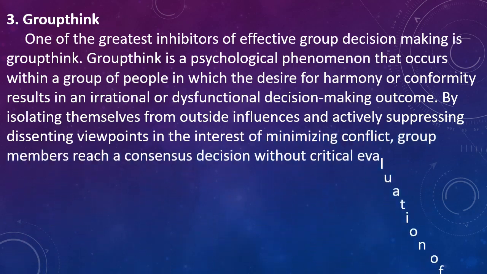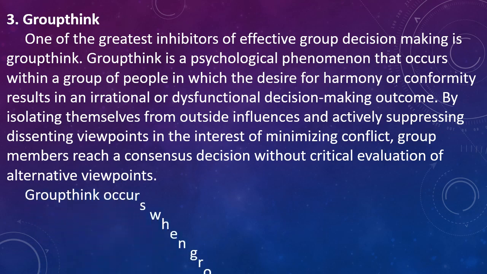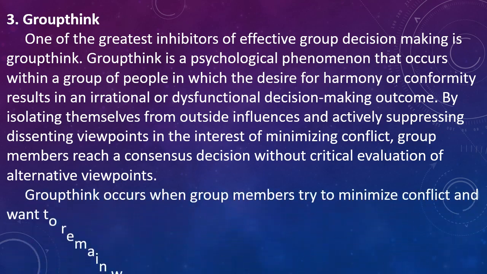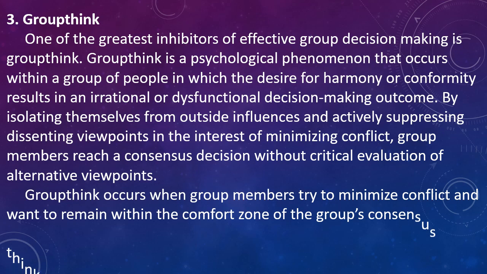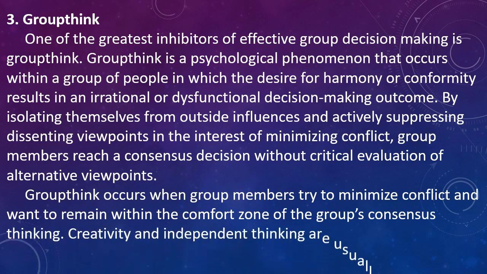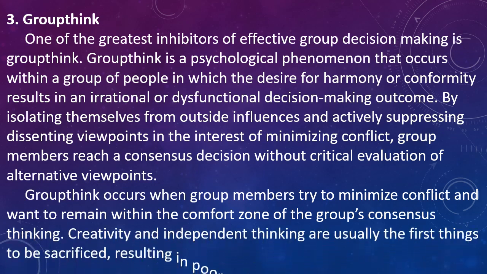By isolating themselves from outside influences and actively suppressing dissenting viewpoints in the interest of minimizing conflict, group members reach a consensus decision without critical evaluation of alternative viewpoints. Groupthink occurs when group members try to minimize conflict and want to remain within the comfort zone of the group's consensus thinking. Creativity and independent thinking are usually the first things to be sacrificed, resulting in poor quality decisions.